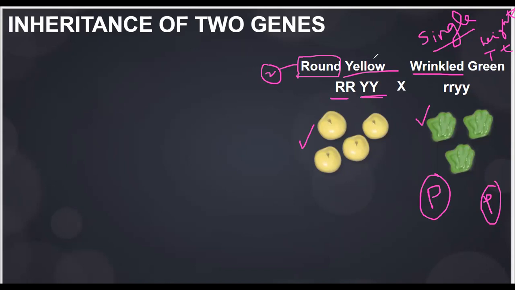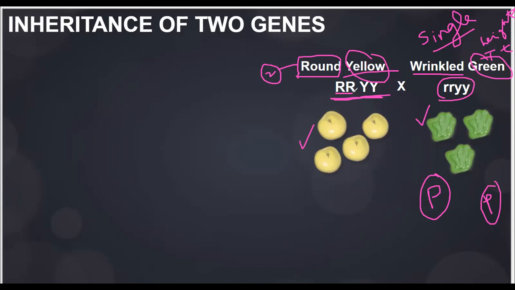And another trait that we are considering is the color of the seed, yellow or green. Round and yellow are the dominant traits seen in the pea plant, and wrinkled and green seeds are the recessive traits. That is why they are written in small letters and these are written in capital letters.